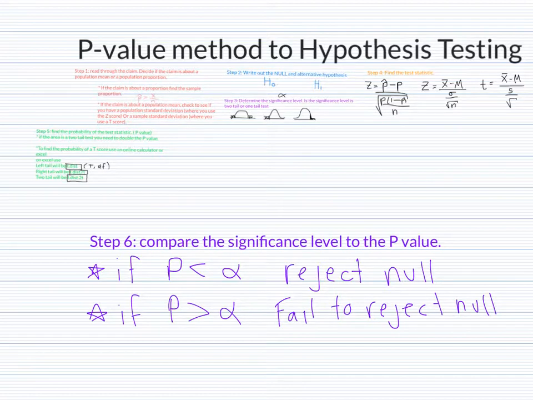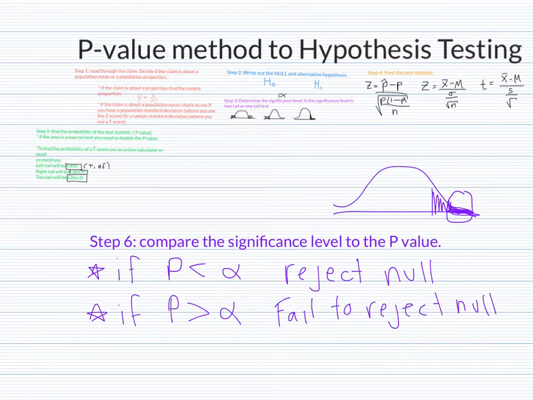Just to put that into perspective a little bit, we have a significance level. Let's say we have a right tail significance level. If our p-value or our probability is smaller than the significance level, so let's say this is our probability right here, see how our test statistic would be inside the critical region.